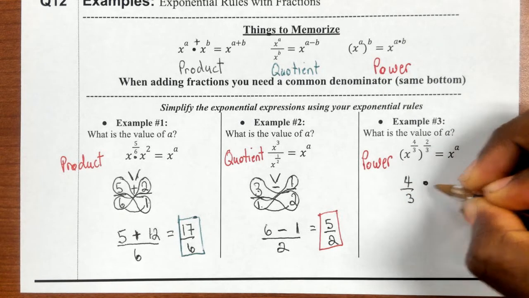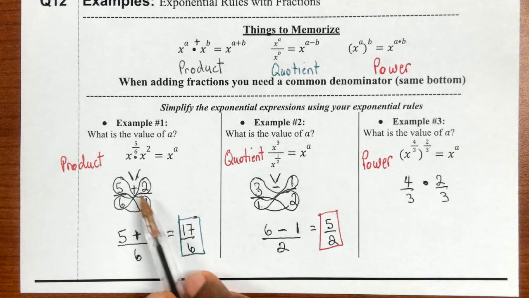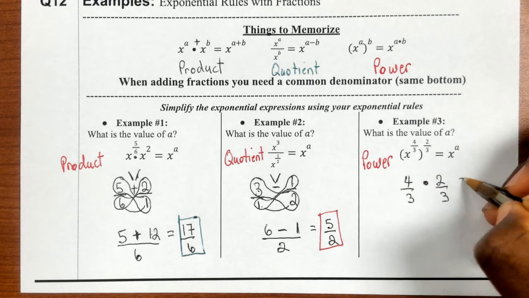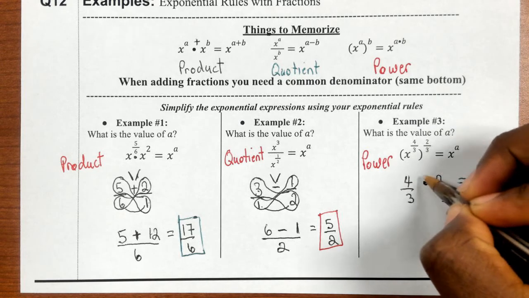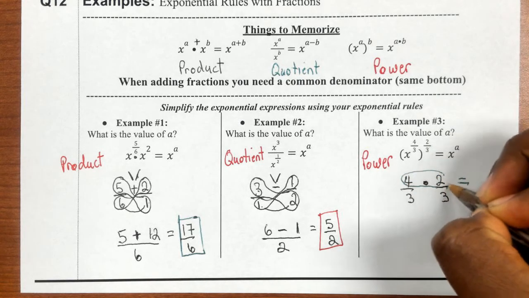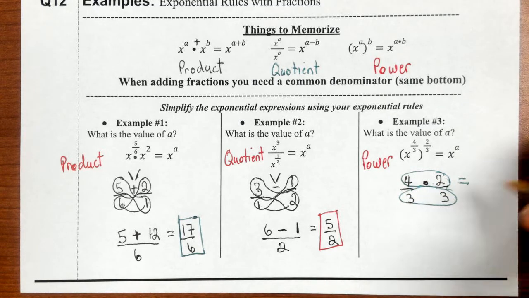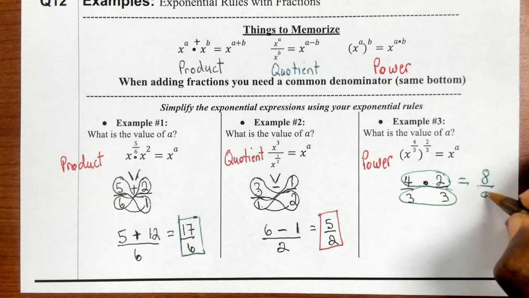Again, we're multiplying exponents. Don't confuse it with adding. When you multiply, all you do is multiply the numerators, then multiply the denominators. So I multiply these two, then I multiply these two. 4 times 2 is 8. 3 times 3 is 9.